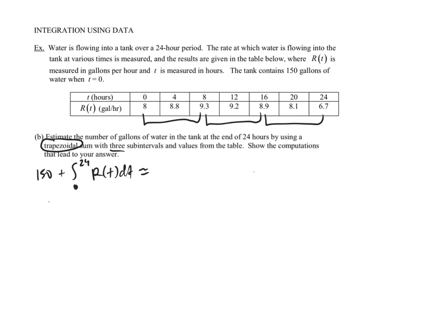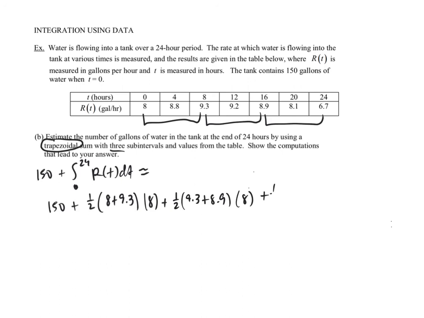So this is going to be 150 plus, for a trapezoid, I know that that's going to be 1/2 the y values added together, so 8 plus 9.3 for my first subinterval, multiplied by the width of that subinterval, which is going to be 8. For the second subinterval, the one from 8 until 16, we're going to do the same thing. 1/2 of the y values added together, 9.3 plus 8.9, multiplied by the width of that subinterval, which is again 8.